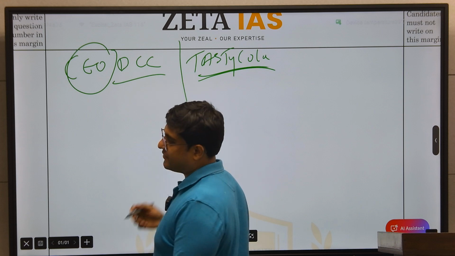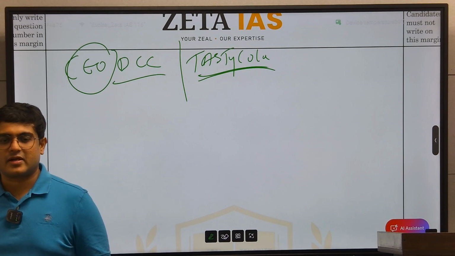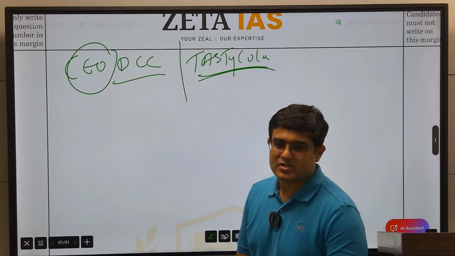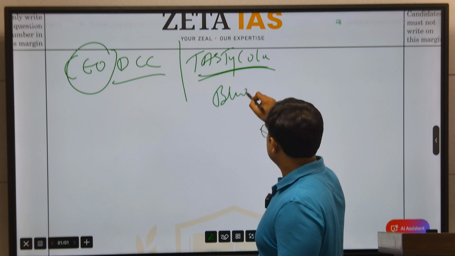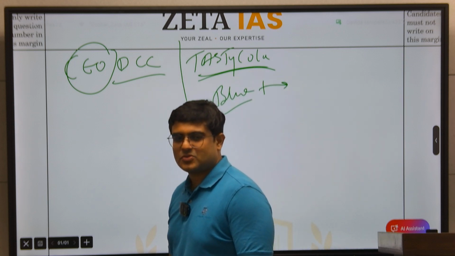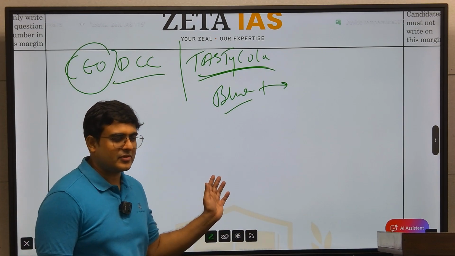So, the Cricket World Cup is happening, and Tasty Cola has launched a product, Tasty Cola Blue, to match the Indian cricket team jersey. The cold drink's color is blue, India's cricket team jersey is blue, and that blue color will match.